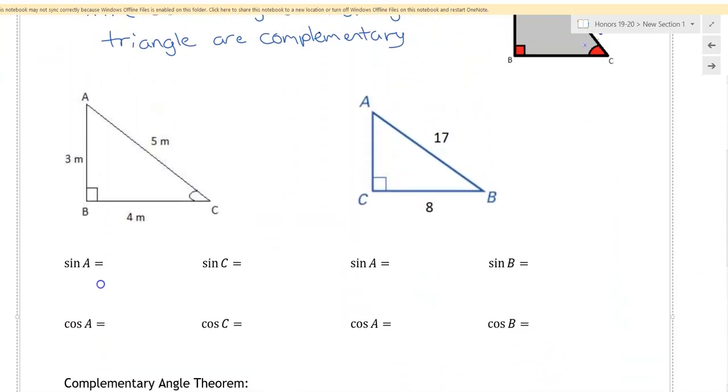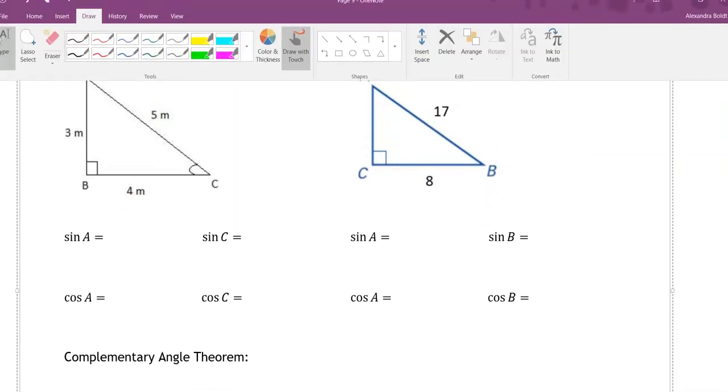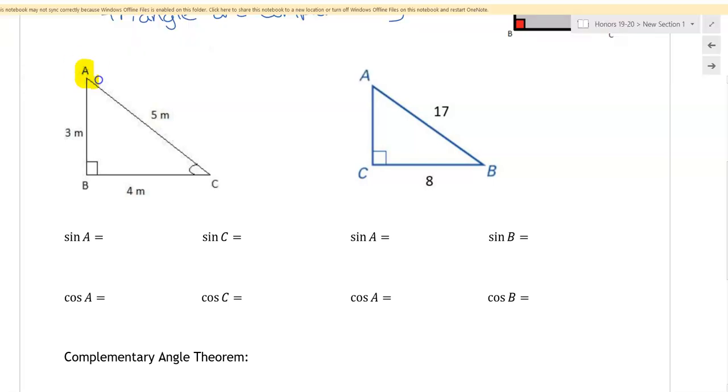Okay, so looking at our first triangle, I have this triangle ABC, and I'm going to find the sine of A, the sine of C, the cosine of A, and the cosine of C. Starting with sine of A and cosine of A, if I'm looking at angle A, we have our hypotenuse, the opposite side, and then our adjacent side.